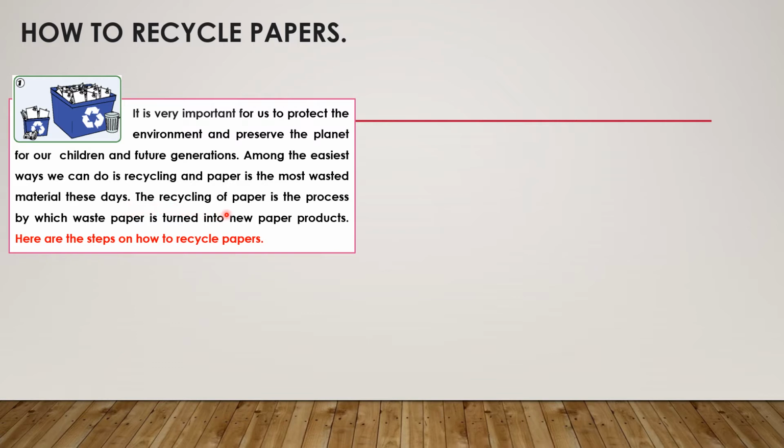The recycling of paper is the process by which waste paper is turned into new paper products. Meaning that we recycle it. We are going to recycle and turn that into new paper products. It might be that box changed into notebooks or tissue, right?